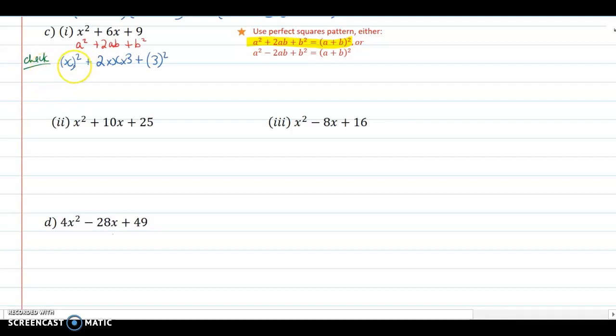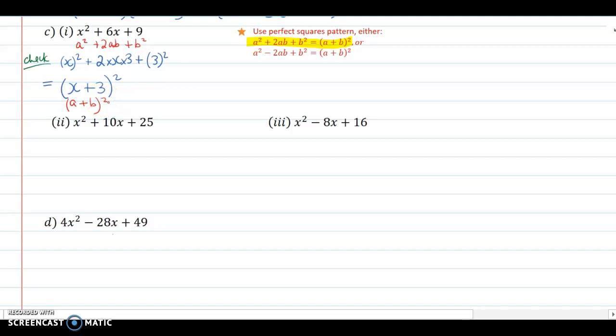So you can do the little check step if you need to, but it's not necessary, particularly if you're told it's a perfect square pattern. You can go straight to the fact that this is going to be x plus 3 all squared, because it's in that a plus b squared format.